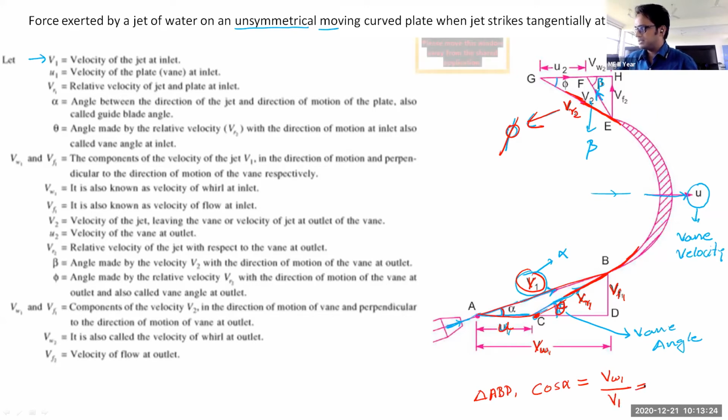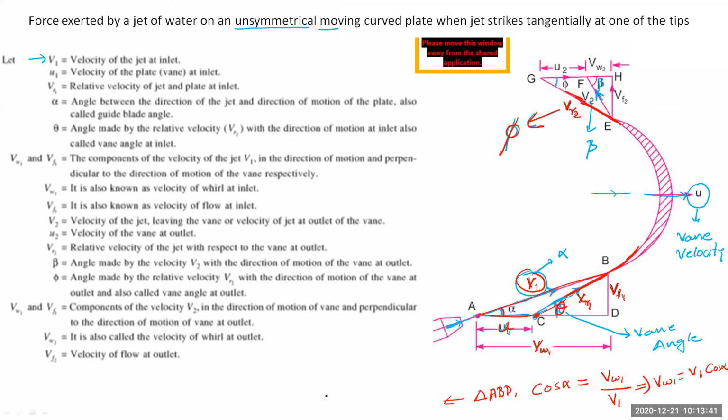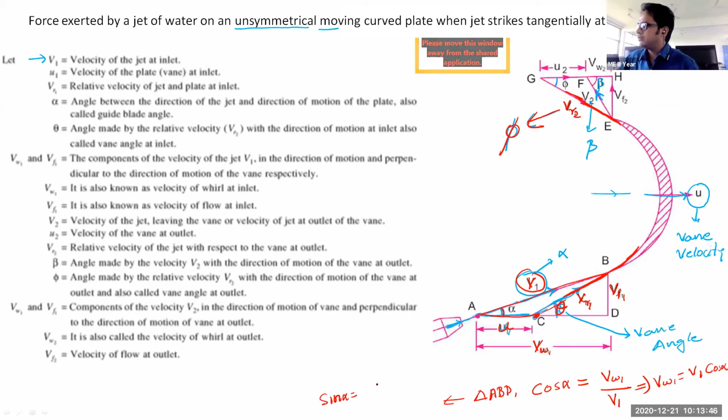So from this you can write VW1 is nothing but V1 cos alpha. Similarly, you can write for sin alpha also. Sin alpha will be equal to perpendicular upon hypotenuse.